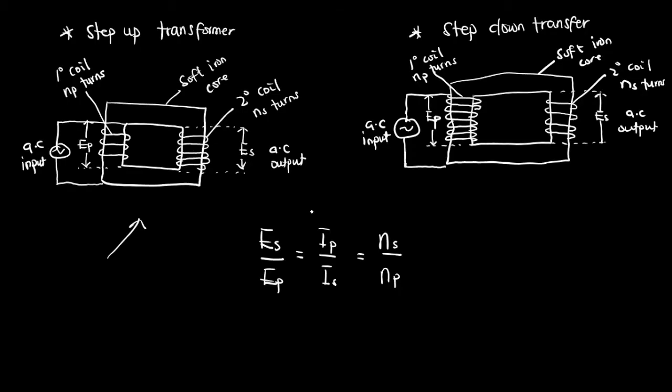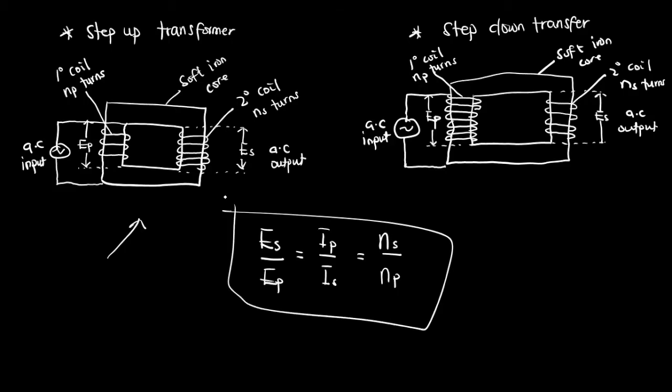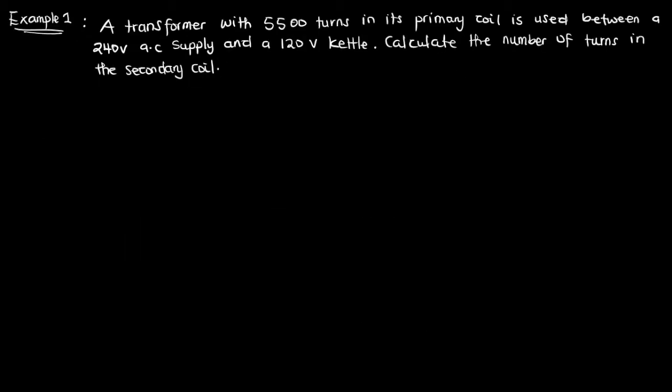We can use this side as 1, this side as 1, and then just this and this also as 1, right? So we can get all our formulas from here. So now that we know this expression, let's go ahead and have some fun solving some problems on transformers.